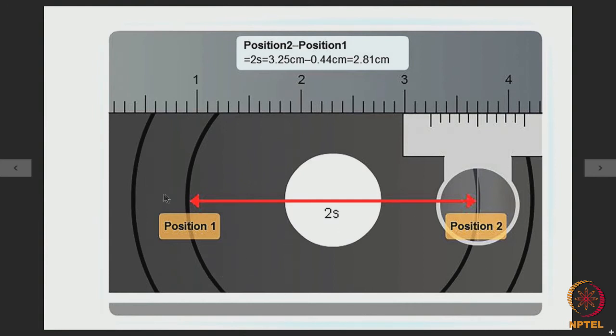So, this is the position 1 for this line pair, this is the position 2 of the line pair. So, we find out with the help of the scale and the vernier what the values are here and there, and then we subtract one from the other. In this way we find out that this value 2s for this line pair is simply equal to 2.81 centimeter, say.